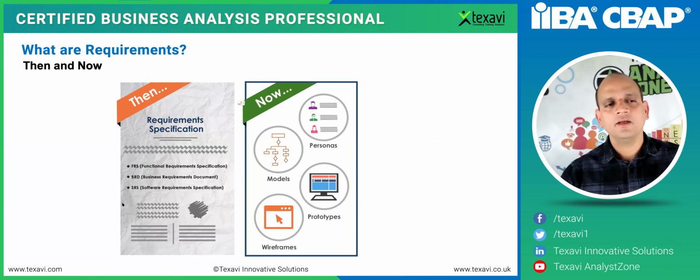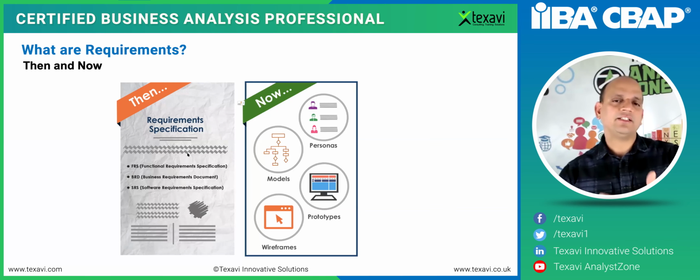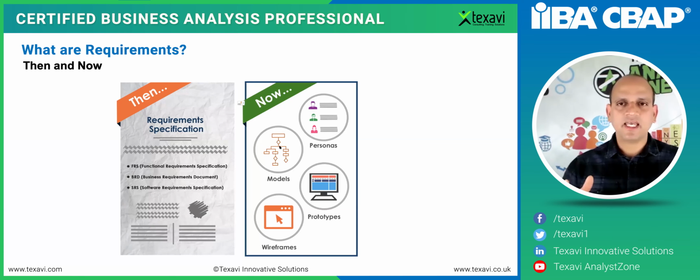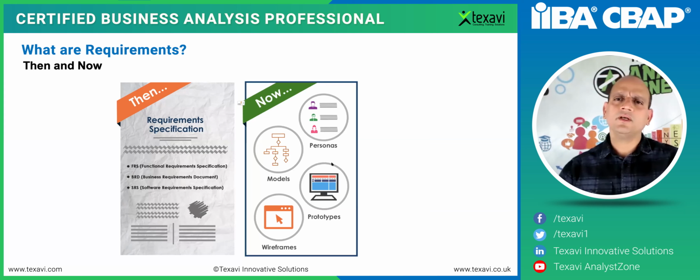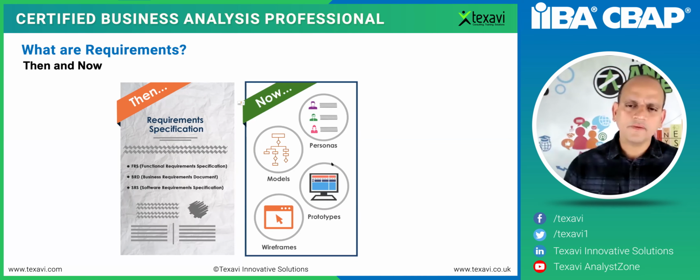which is architecture and all that. But fast forward that to the agile mode, which is what we are working on now. Now requirements are in different shapes, sizes, and forms. So you've got user stories, you've got models, personas, prototypes, wireframes, the backlogs. All of these are essentially what we have at the moment to say that we are managing the requirements.